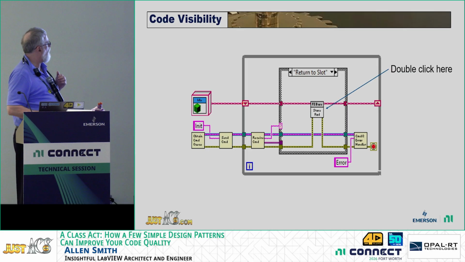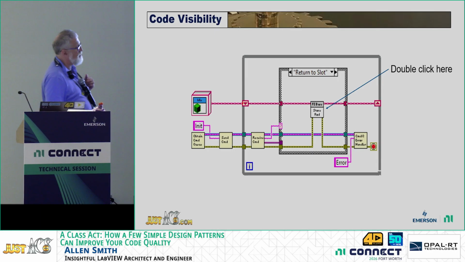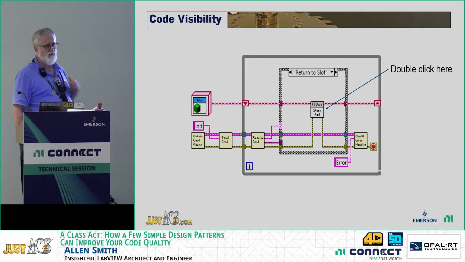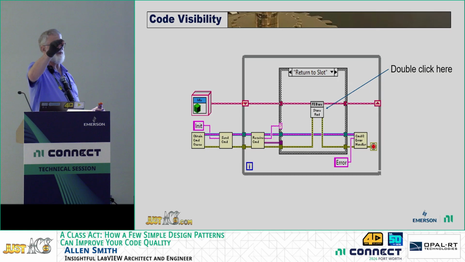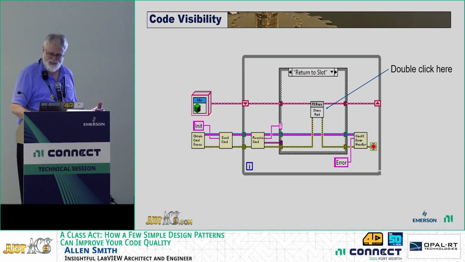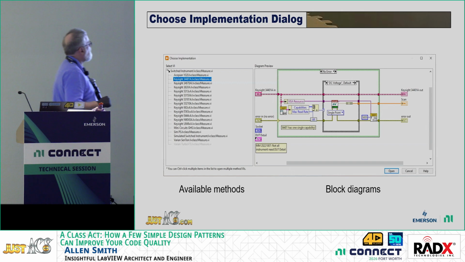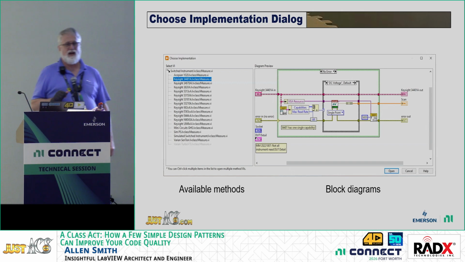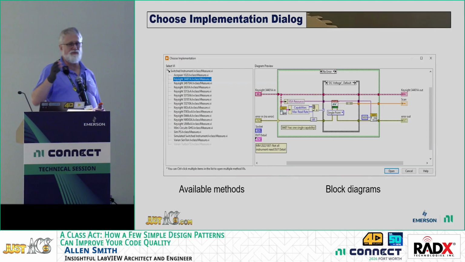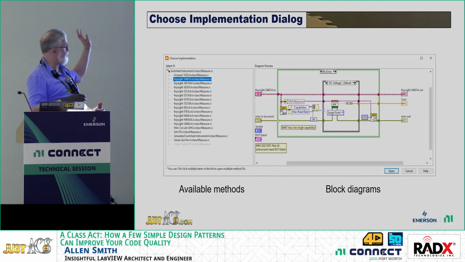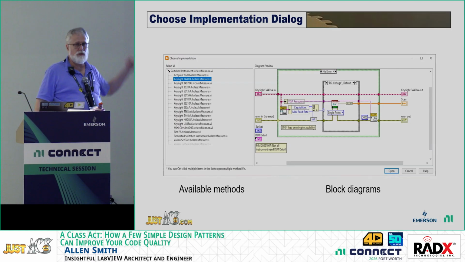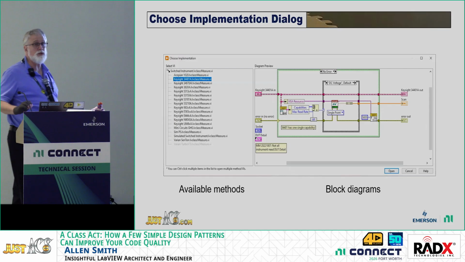For many, many years now, if you double click on a dynamic dispatch VI, which is no more difficult than clicking through cases to the one you want, you get this wonderful dialog box that will show you the block diagram of every VI that you can call at that location that is loaded into memory. If you've got a plugin architecture, you have to go somewhere else. But if it's all in your project, you get to see them all. So no excuses.